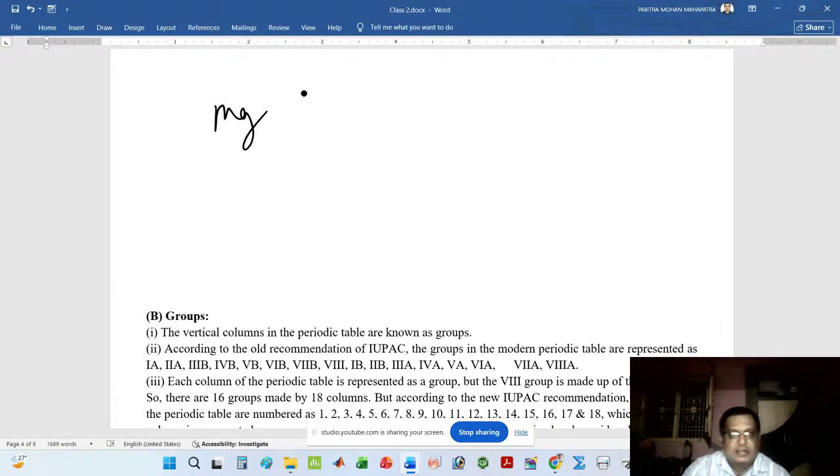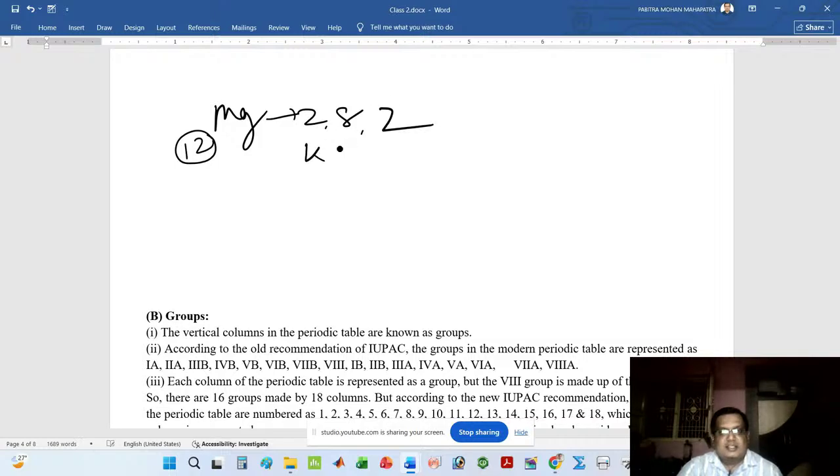Knowing the atomic number, you can draw the electronic configuration by shell, subshell, or orbital. By shell, you write 2, 8, 2. This is the K shell, this is the L shell, this is the M shell. For the M shell, n is equal to 3. So magnesium is present in the third period.